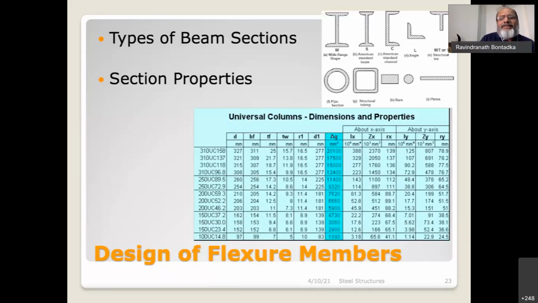And then you have different dimensions and properties of these members which need to be considered. If you go through the IS or SP 6-1, which gives the dimensions and properties of the various members, it gives the depth and breadth of the flange, thickness of the flange, web thickness, all these things, including Ix, Zx, rx, Iy, Zy, ry. These are the aspects you need to consider, depending on which axis you are considering the bending. Based on that, you design those members using these section properties.